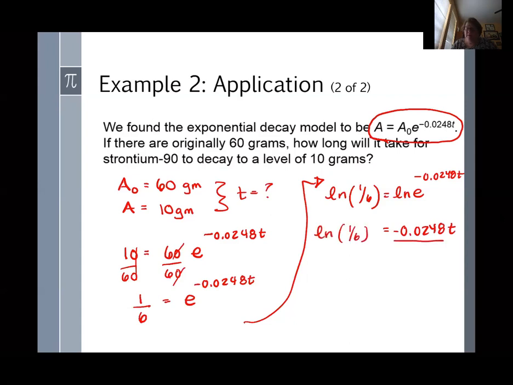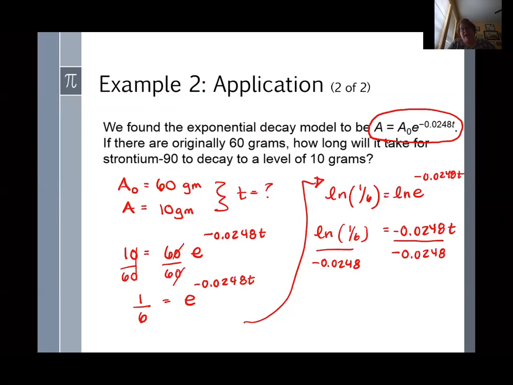And I'm going to divide both sides by negative 0.0248. So again, I find my calculator and I take the natural log of the quotient 1 divided by 6, get that value, and divide it by negative 0.0248. When you find the value for t, it should be a positive number.